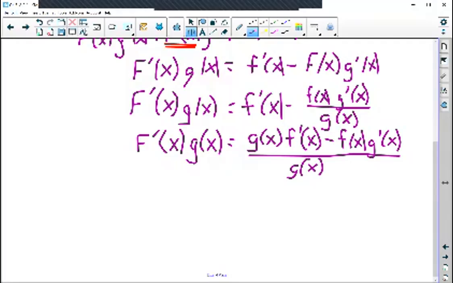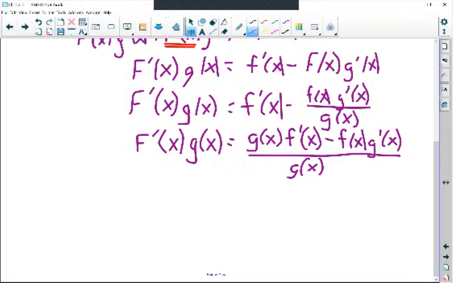And now to get f prime by itself, divide both sides by g of x or multiply by 1 over g of x.